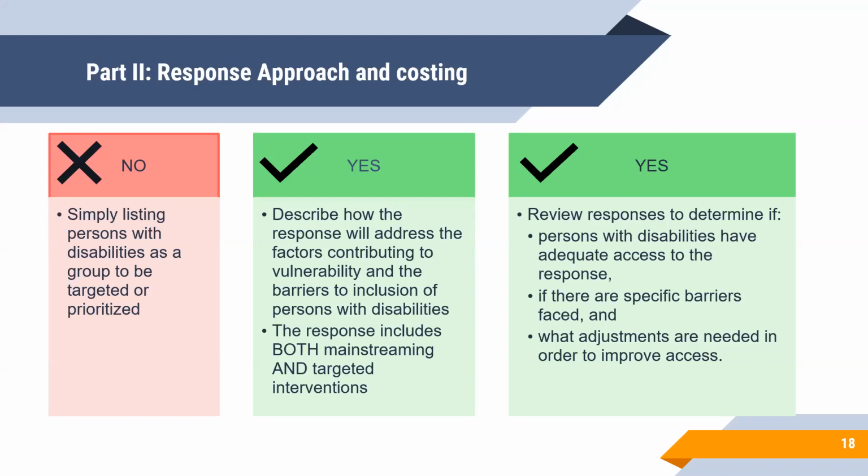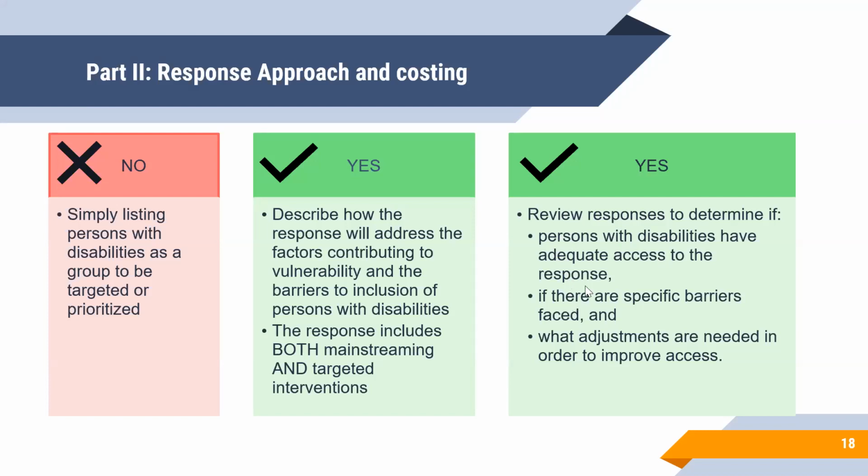So perhaps to give a really simple example from gender-based violence, if, for example, at the needs assessment phase, it's identified that women and girls with disabilities are at heightened risk of GBV because the reporting mechanisms are not accessible to them, then in the response approach, what would really be highlighted is actions to address that particular barrier that was identified.